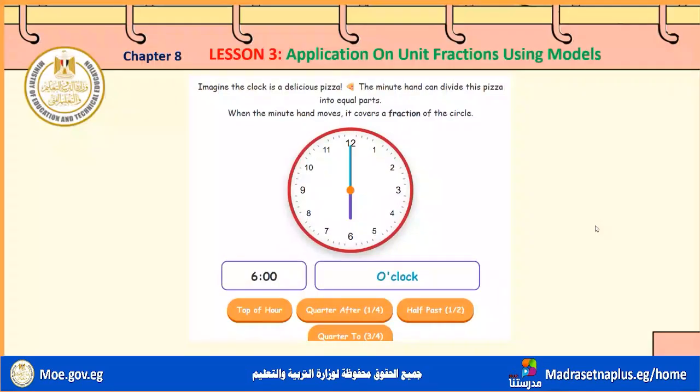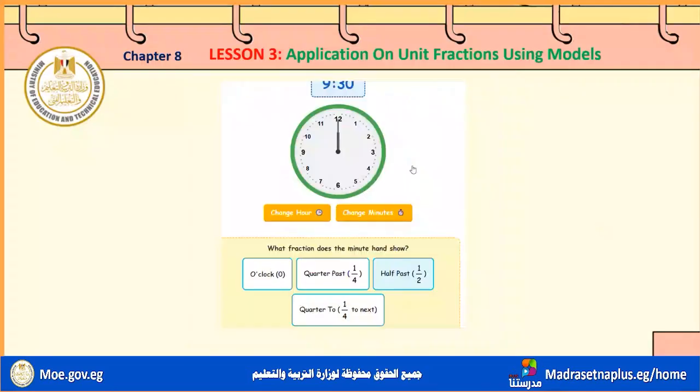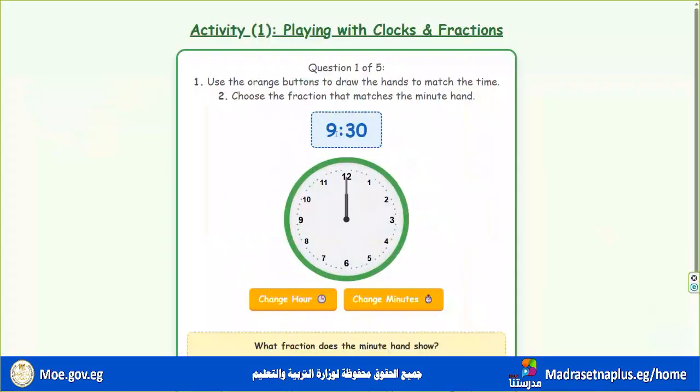Let's get a simple quiz about this part. I ask you to draw two hands of a clock, a short one for the hour and the other long one for the minute. I need to draw 9:30. 9:30 means half past 9.